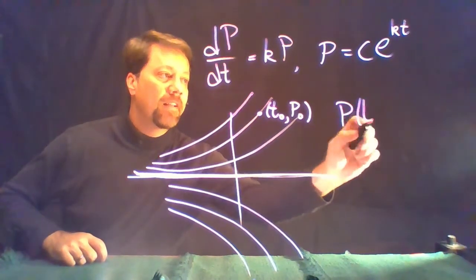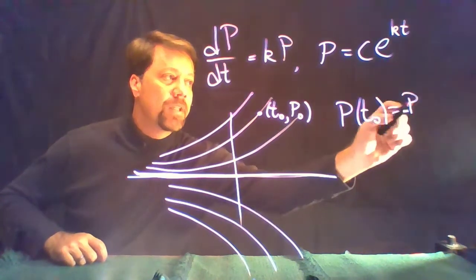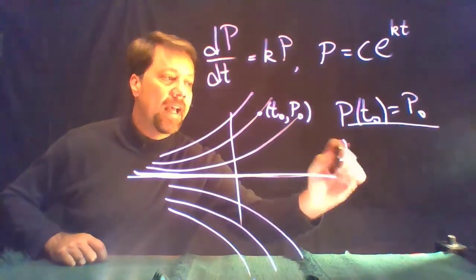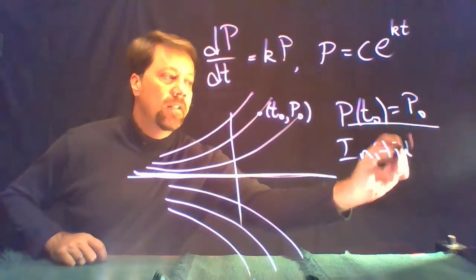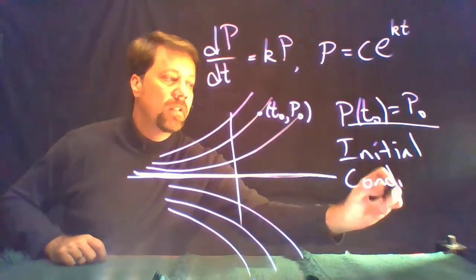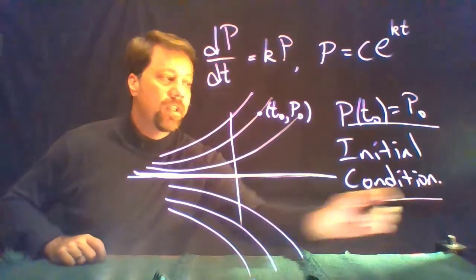Whenever we specify the value of the function at some particular point, this is called an initial condition.